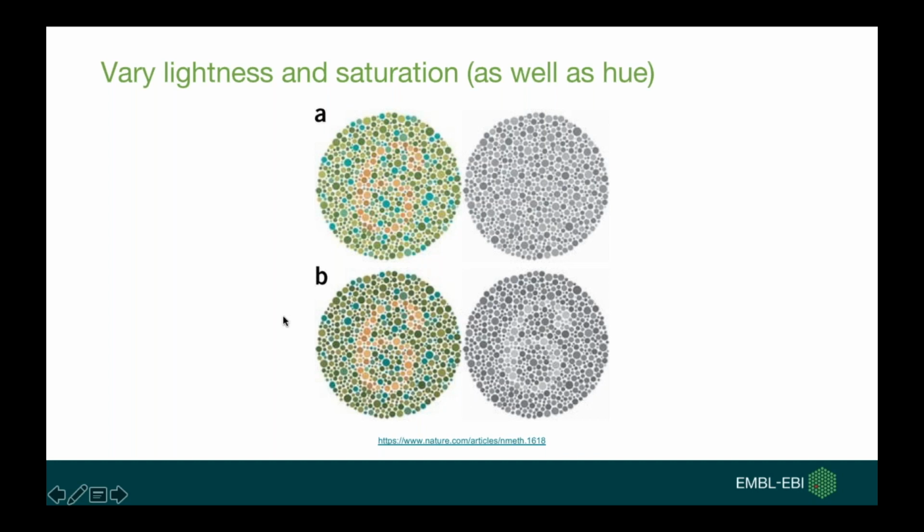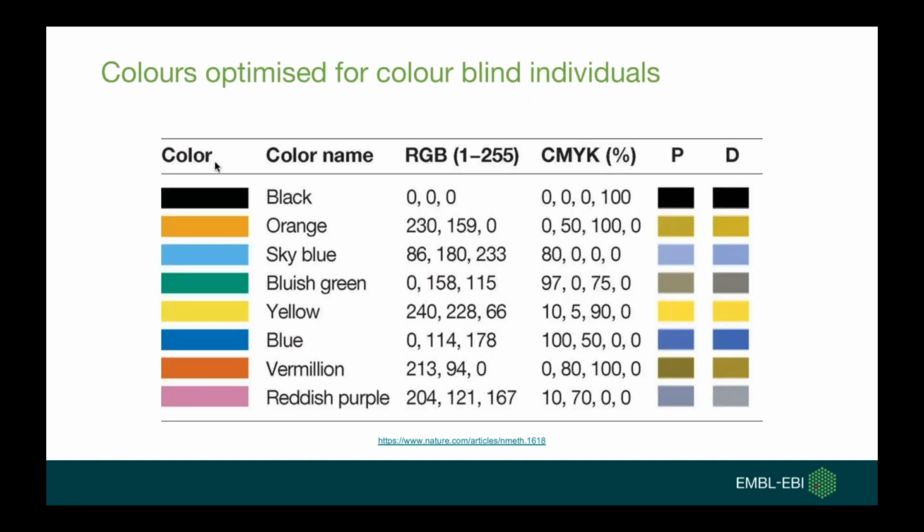This is a technique that is used in color schemes that are optimized for colorblind individuals. This is the one that's been suggested by Nature Methods, and you can see the actual color in the first column and how colorblind people will perceive it in the next column. This is protanopia, which is a type of color blindness, and deuteranopia, I think this is called, which is the most common one.